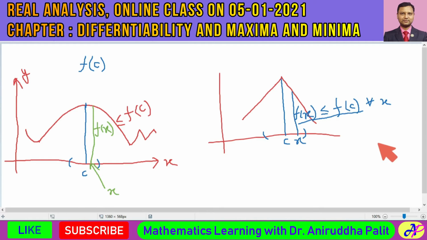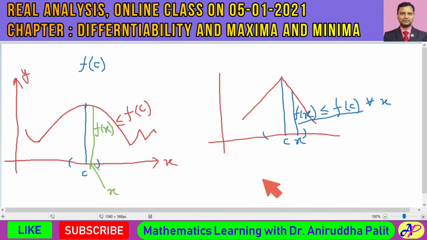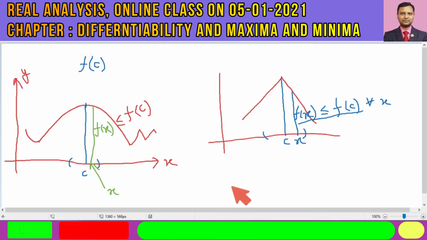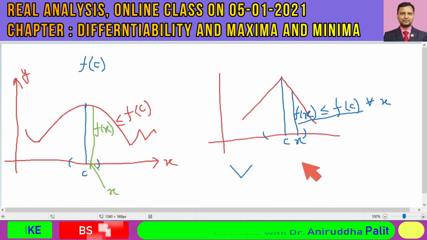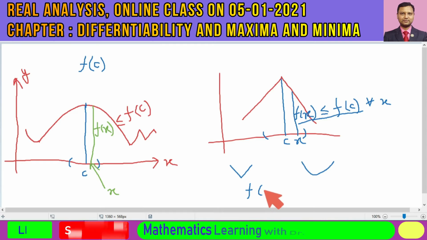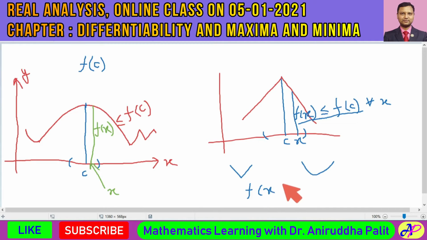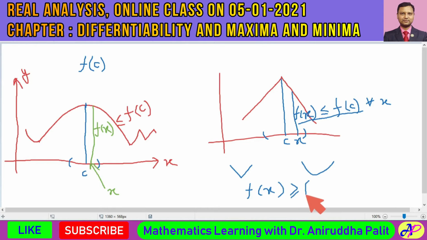Alright, so this is the definition of maxima at the point C. Similarly, if we have the opposite kind of inequality, that means the curve may have this kind of shape, in that case f of x should be greater than or equal to f of c.